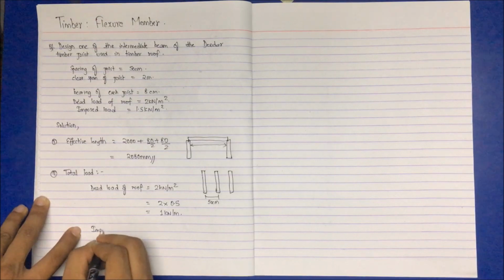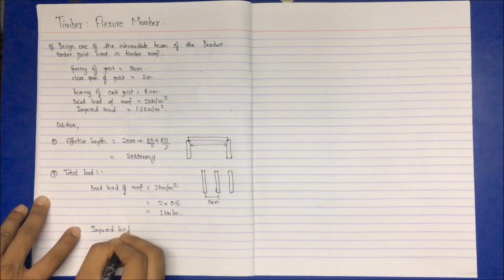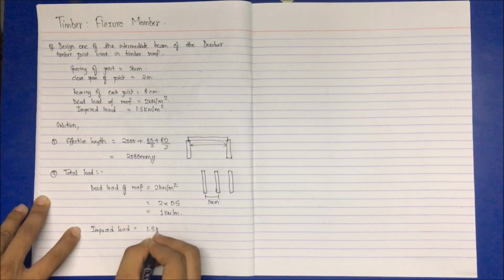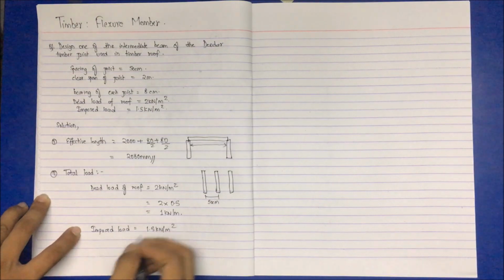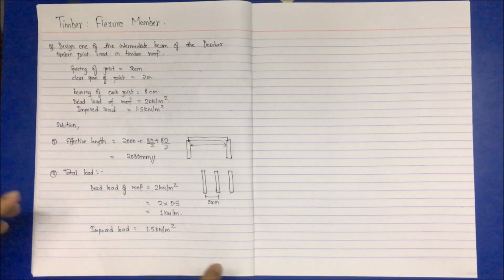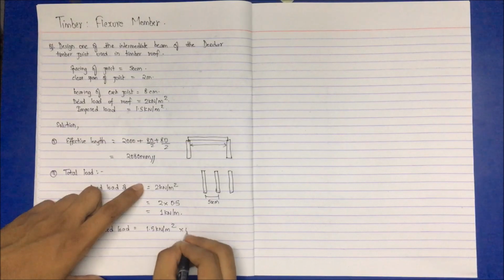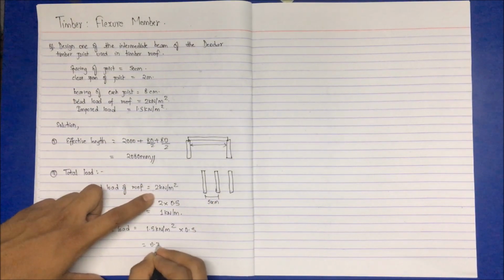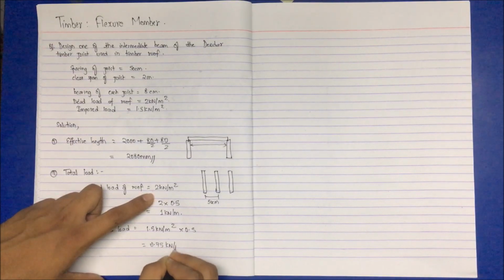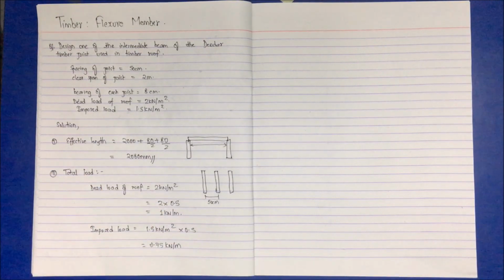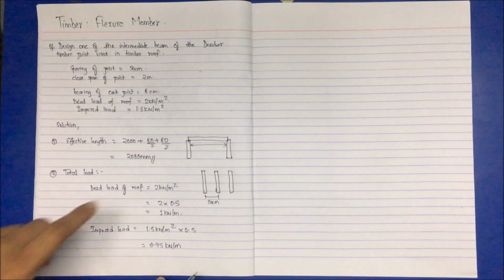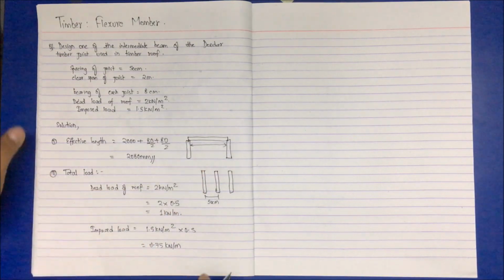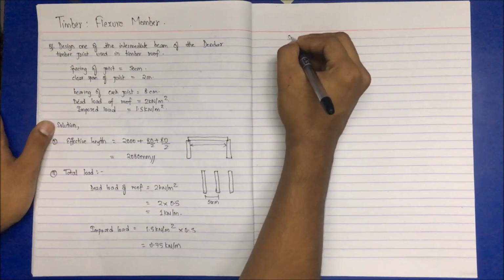Imposed load is 1.5 kilonewton per meter square, which will be distributed throughout the joist. Clear spacing of the joist is taken, so it comes to be 0.75 kilonewton per meter. And self weight of the beam has to be calculated.